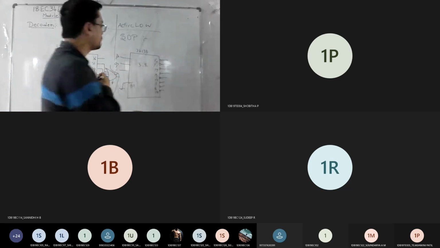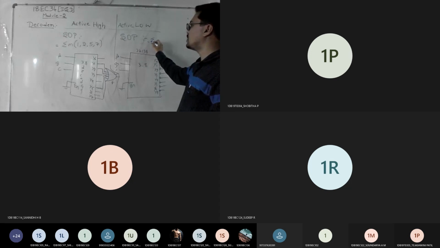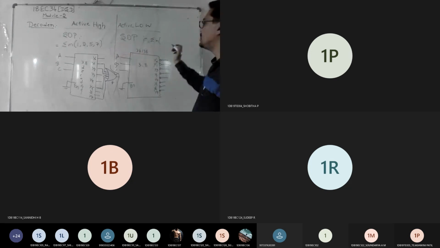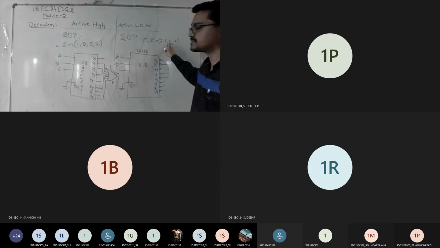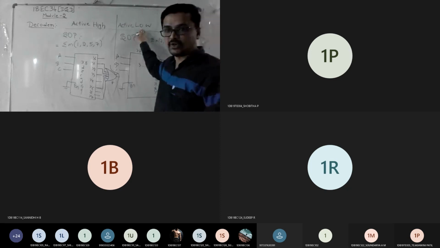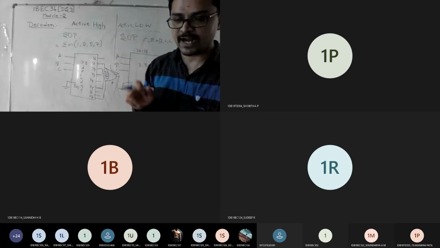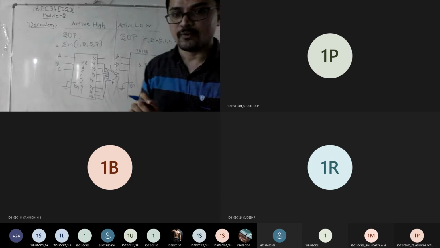Similarly, consider active low. Assume the question was given, it may be the same or anything, that is not an issue. We need to know which combination we should connect. That's all. So assume that your SOP is given as 2, 4, 6, 8 for your active low logic using the 74138 IC. If you find such a thing, you need to connect this to your what?